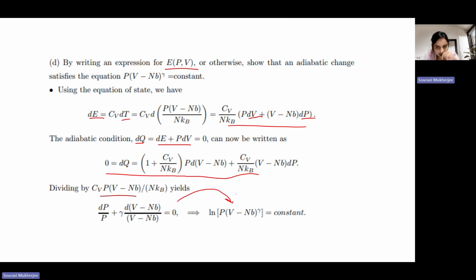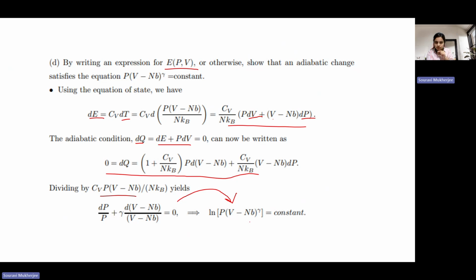This already tells you that ln of p v to the power n, times (v minus nb) to the power gamma, becomes constant. It's just using the logarithmic condition, right? So that's how you can solve this question. The first point is because you have to write E as a function of P and V, you have to use the equation of state here to go from dT to dV and dP.